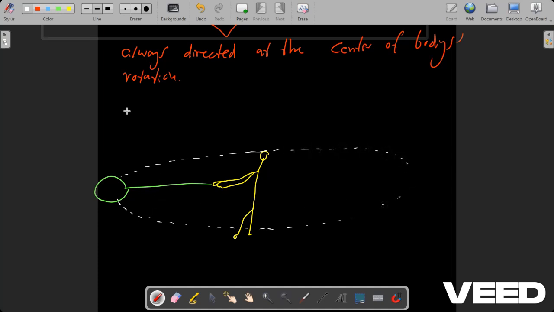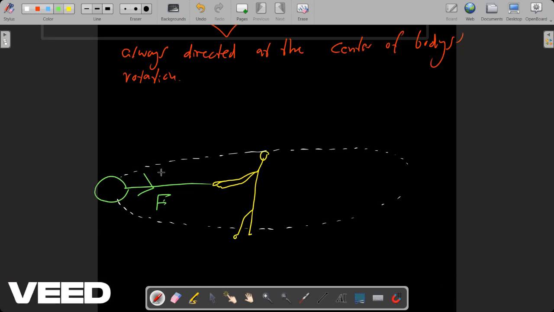So the centripetal force is this force. This is the centripetal force. Now the centripetal force is actually the tension in the string. The tension in the string is the centripetal force.